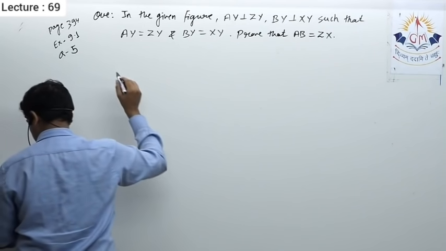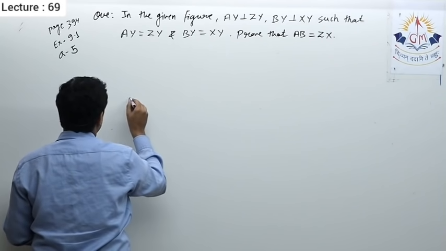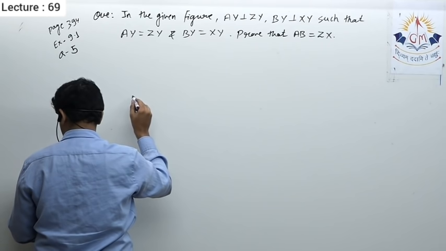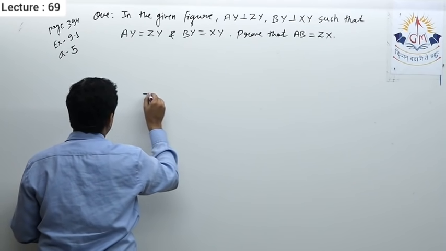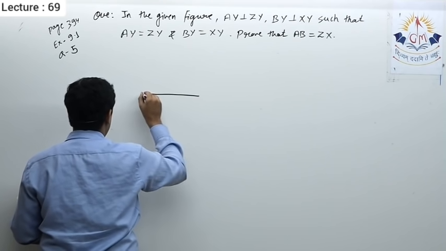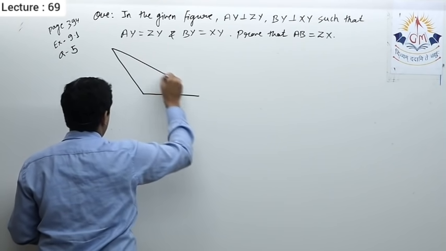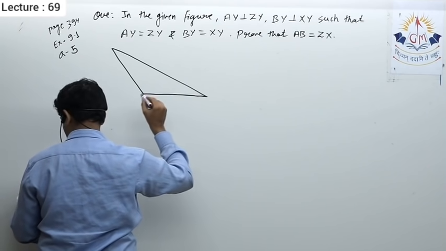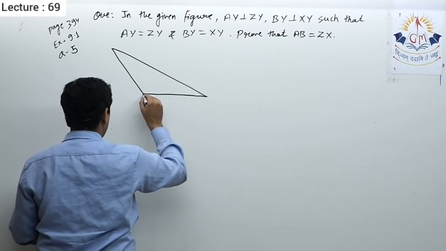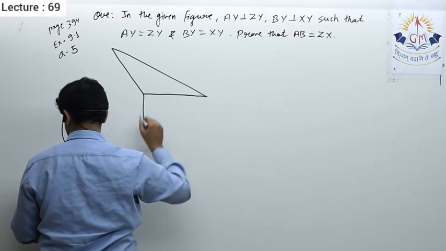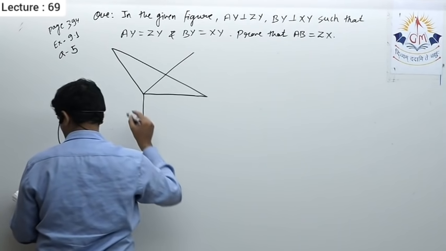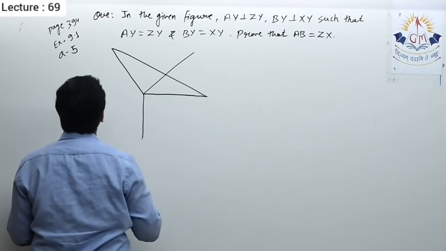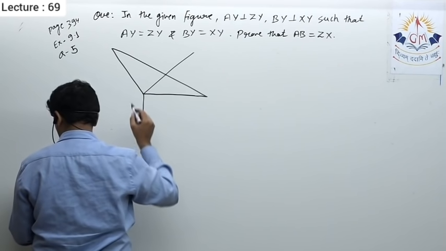Okay, so let us see its diagram. AY is perpendicular to ZY.